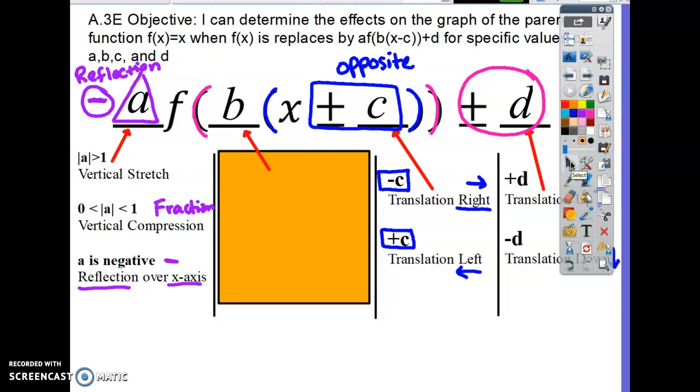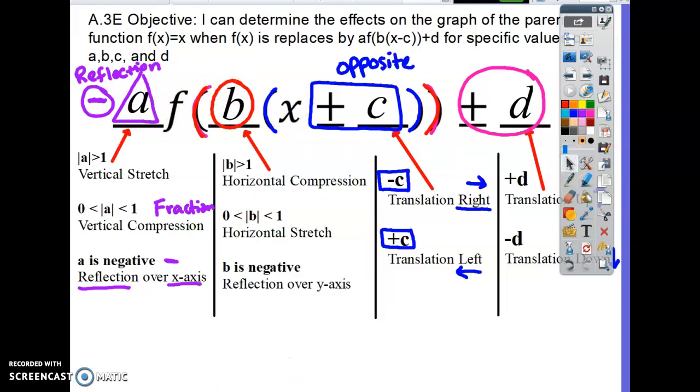The last one that I want to talk about, I'm going to do it in red, is this B. The B that's inside the parentheses, after the F and before the X. What does that letter do?